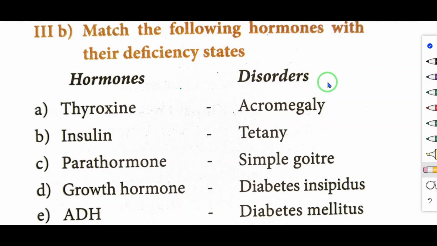Roman number 3, match the following hormones with their deficiency states. A, thyroxine. Thyroxine deficiency disorder is simple goiter. Number 2, insulin. The deficiency disorder is diabetes mellitus.